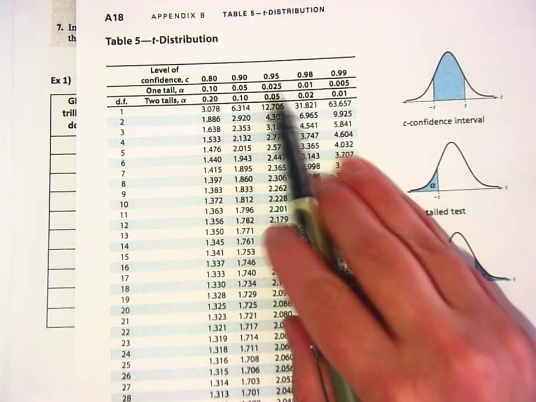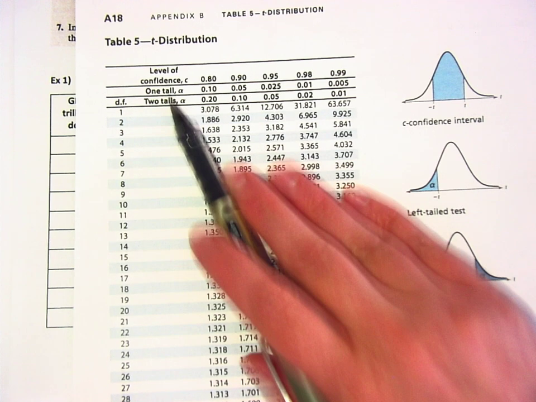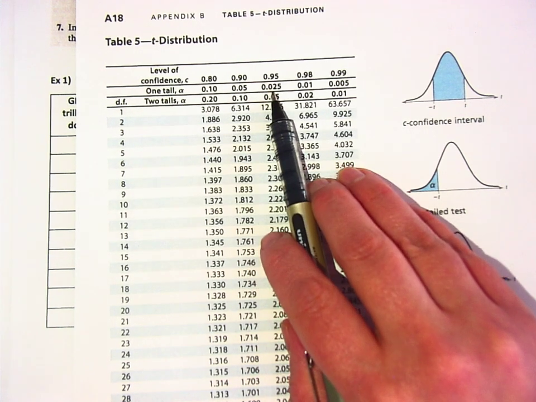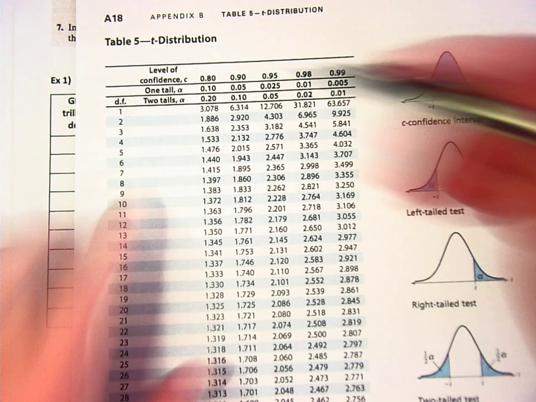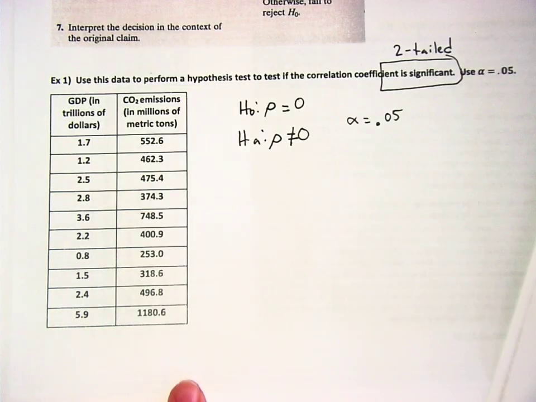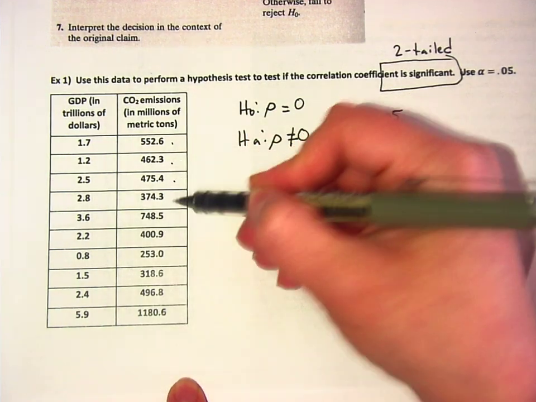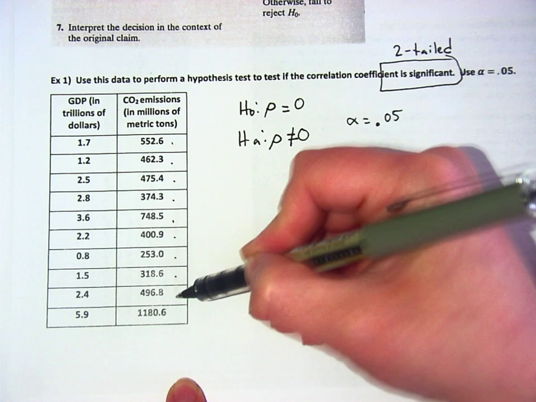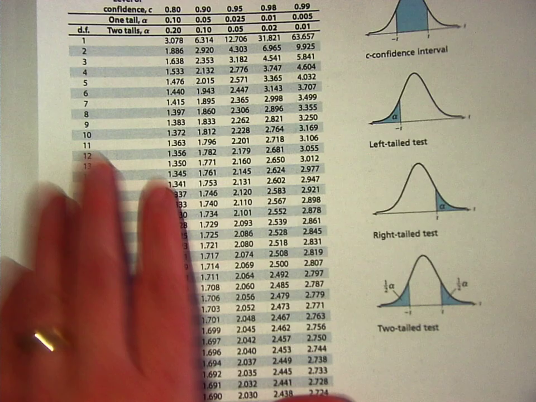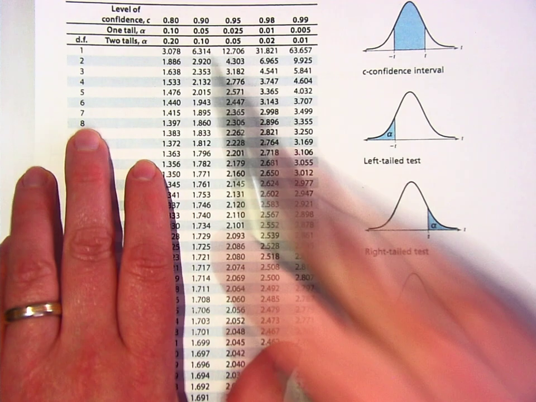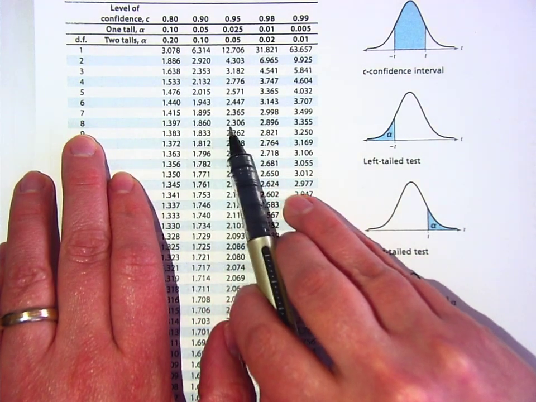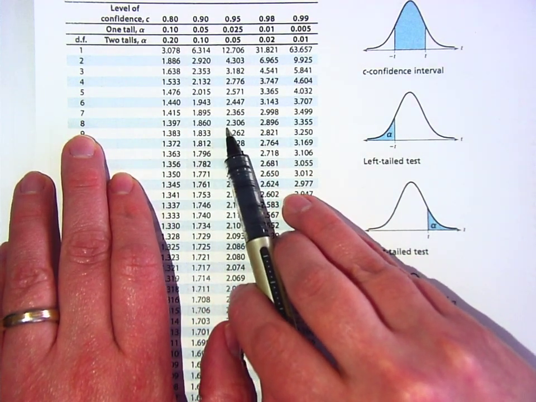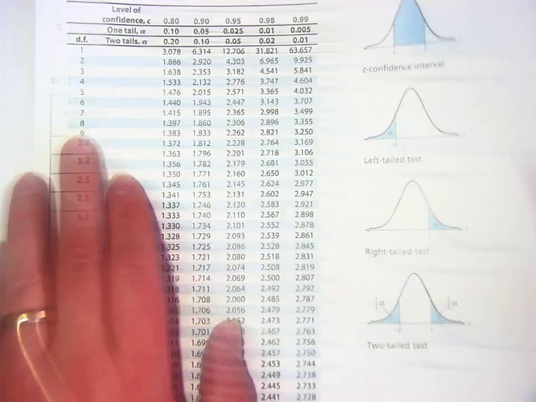Two tails is 0.05, so does it make sense that one tail would be 0.025? What should we go down to? 1, 2, 3, 4, 5, 6, 7, 8, 9, 10, minus 2, 8. And they're pairs of data, so it's easy to remember that it's going to be minus 2 instead of minus 1. Okay, so I'm getting positive and negative 2.306.